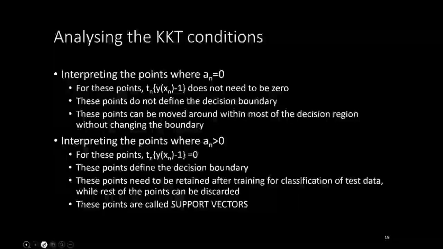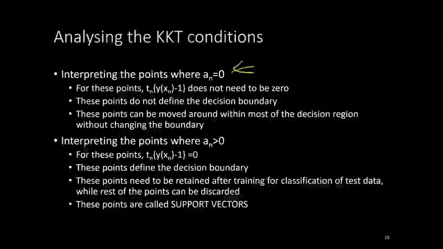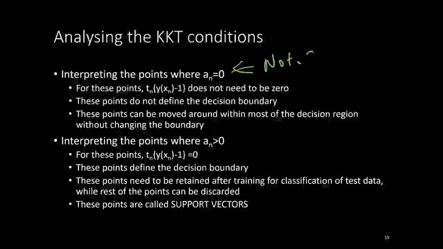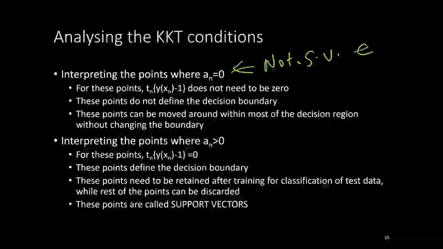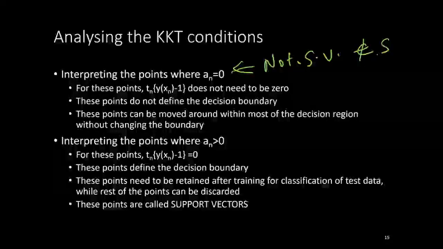So how do we interpret this? Wherever you have a equal to 0, those are the points that are not support vectors. They do not belong to the set S, the set of support vectors. So for these points, this particular condition need not be 0.